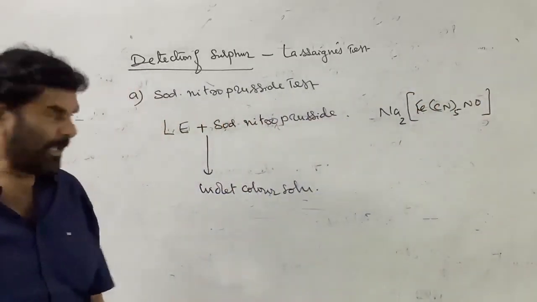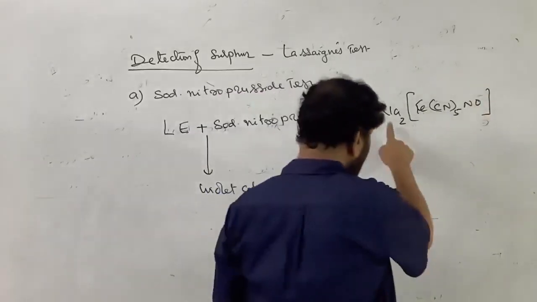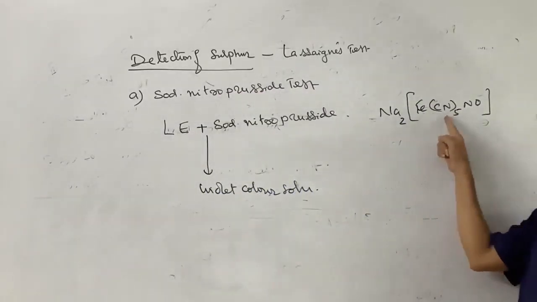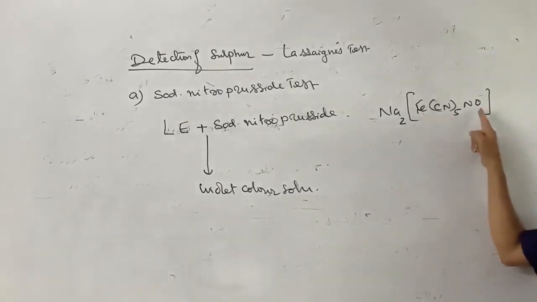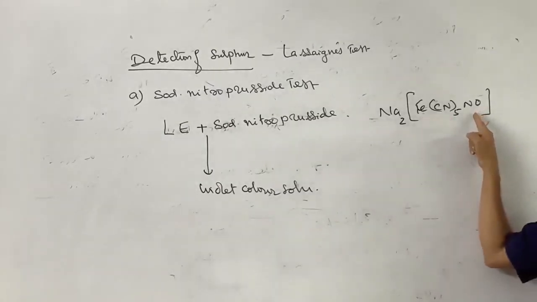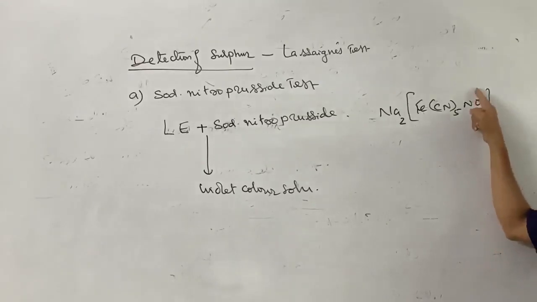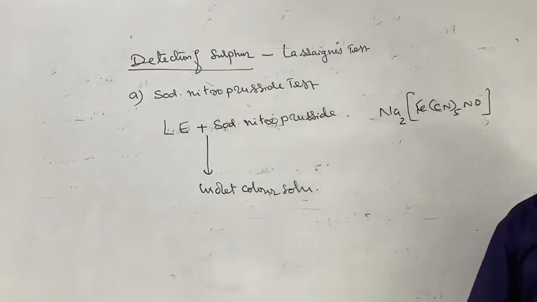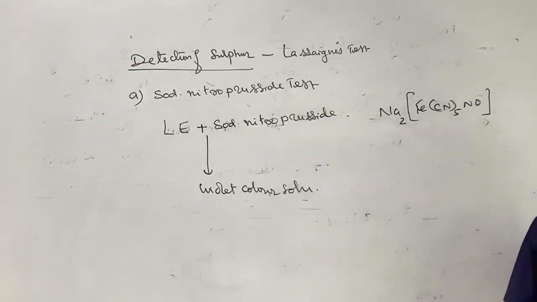Its proper name is sodium pentacyanonitrosylferrate(II). The NO is called nitrosyl, nitrosonium, or nitrosonium ion; all three names can be used.